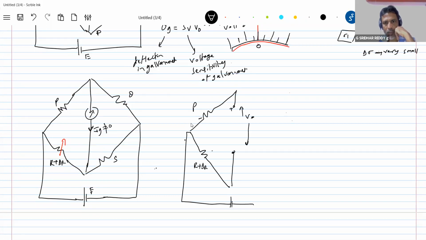So that's the reason why we prefer a galvanometer of high resistance. P by Q and this is R.